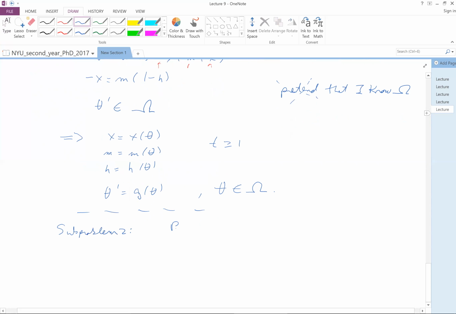This is the problem of the Ramsey planner at time 0. Okay. So we're going to let h be the value of the Ramsey plan, and that's going to be equal to the max. Now, what are we maximizing over?